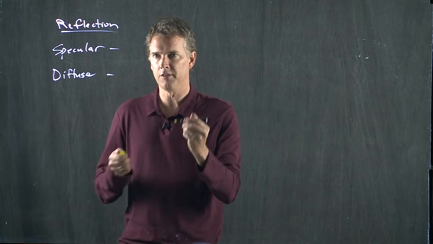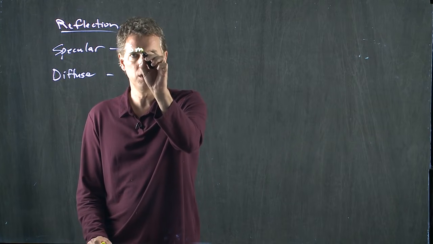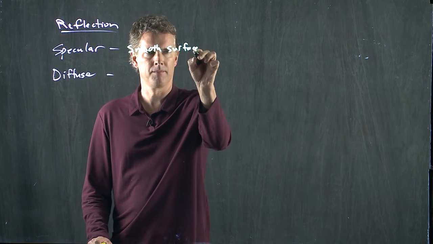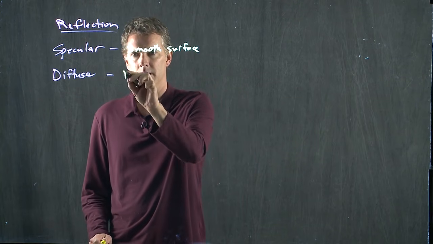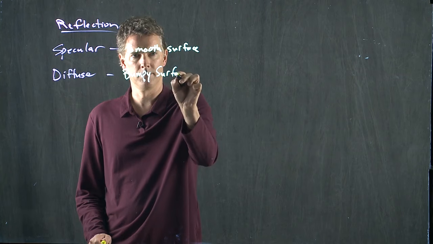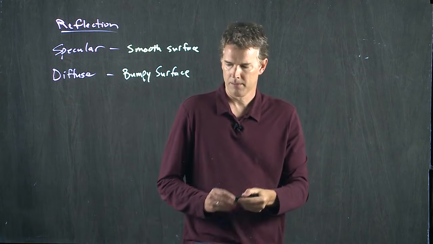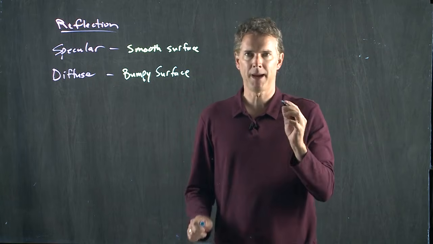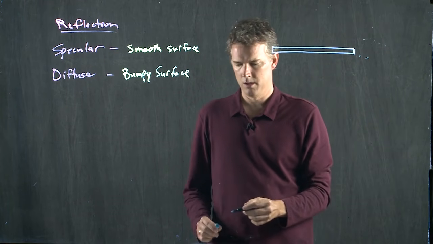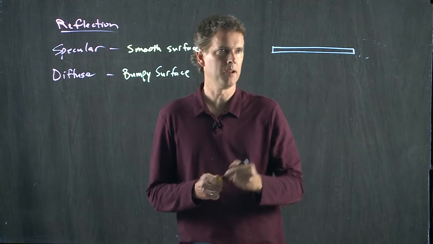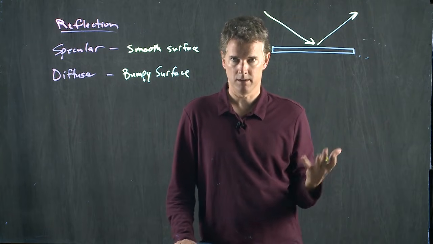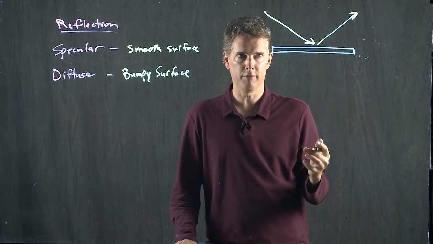So specular is just that. It is a smooth surface. Diffuse is a bumpy surface. Okay, so if I think about a specular reflection, the mirror is nice and flat and smooth. All the rays that come in bounce off at a nice angle governed by the law of reflection.